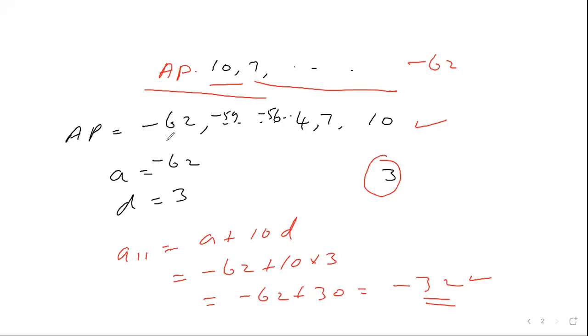Because I don't want to change my procedure. My common sense is telling me to count from the last term, like counting from the last boy here, from the first boy. What I did is I changed the order.